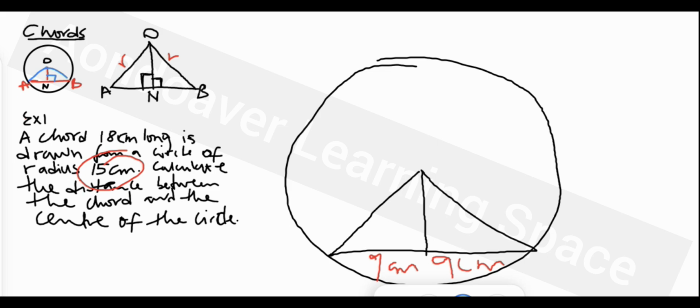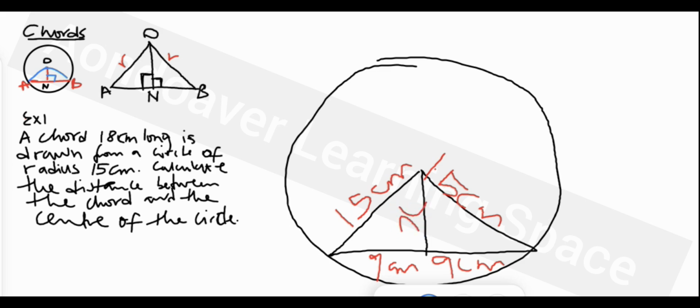And the radii are 15 centimeters each. So this 15 centimeters and 15 centimeters. Very good. So we are looking for the distance between the chord and the center of the circle.